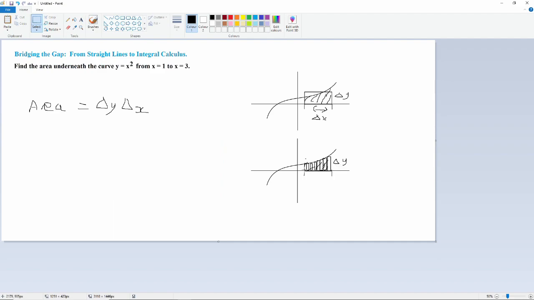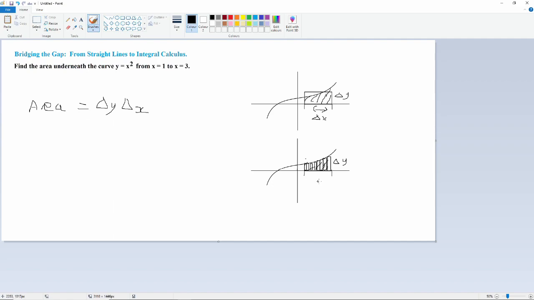Now, if we want to get the true area, or get as close as we can to the true area, the more rectangles we have, and the smaller or the thinner each rectangle becomes, the closer we will get to the actual true area. So we could actually say that it's the limit as delta x approaches 0.